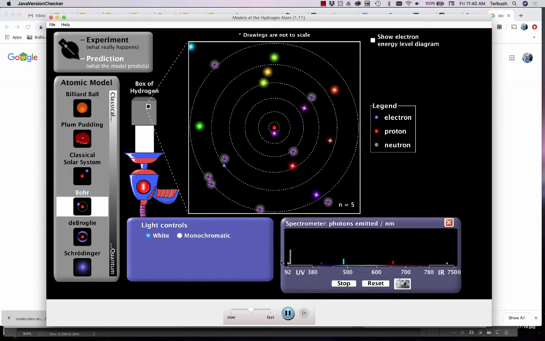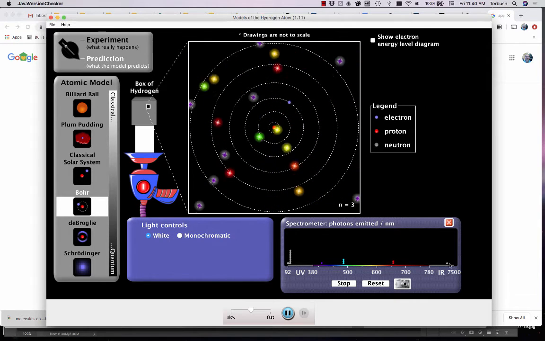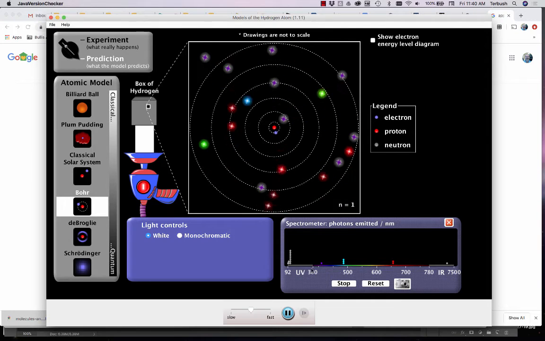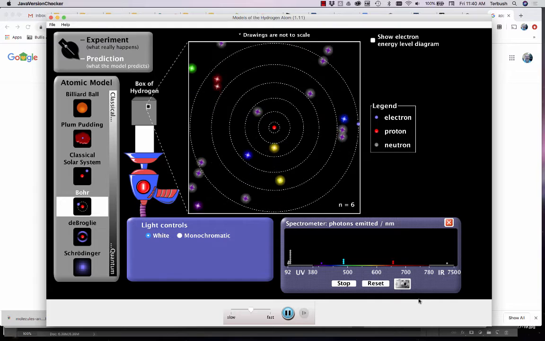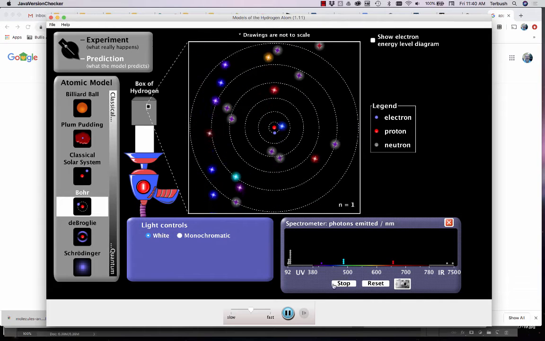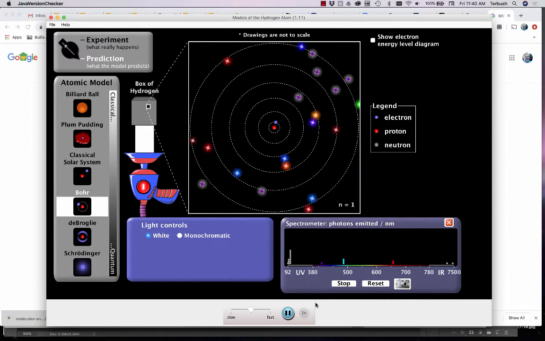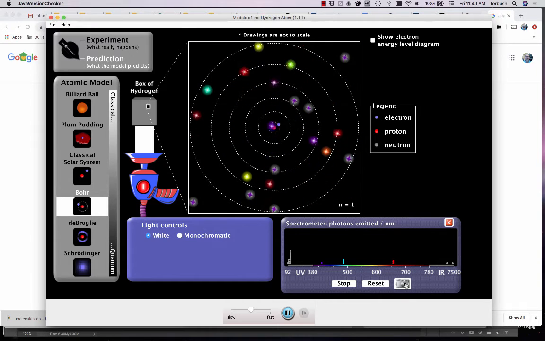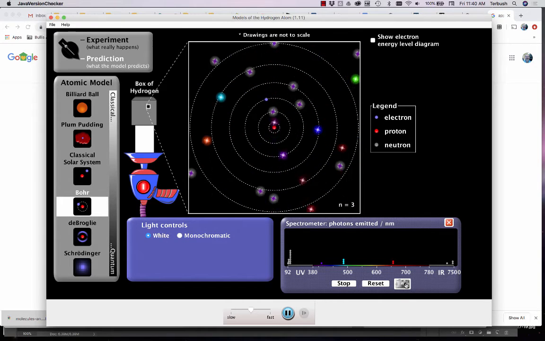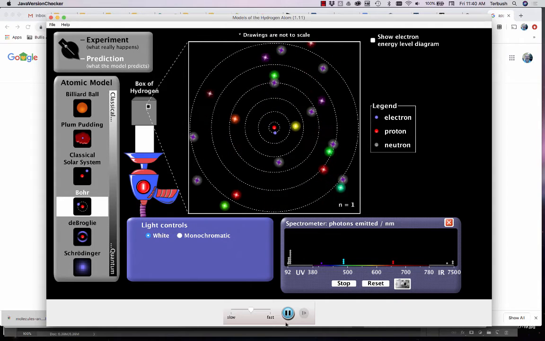We're also getting some down in the UV range, some in the infrared range. What we're primarily looking at, though, is between 380 and 780. They're getting specific lines of visible light that are being emitted. So like I said, if we let this go long enough, we can speed it up.